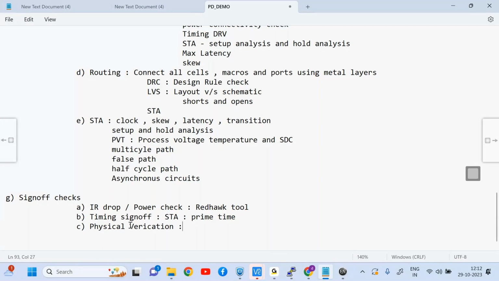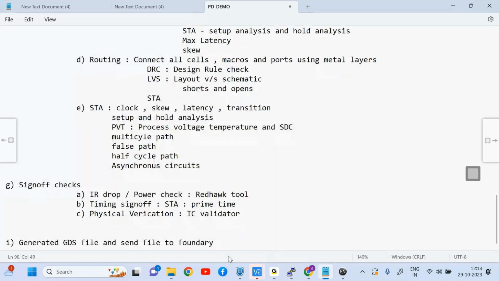Physical verification is done in IC Validator, a separate tool. Physical verification will check DRC, LVS, and ERC, electrical rule check. So all these checks it will do.